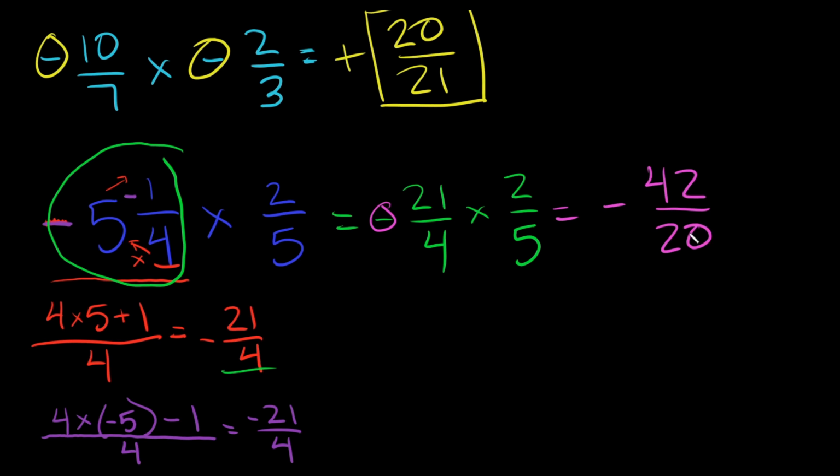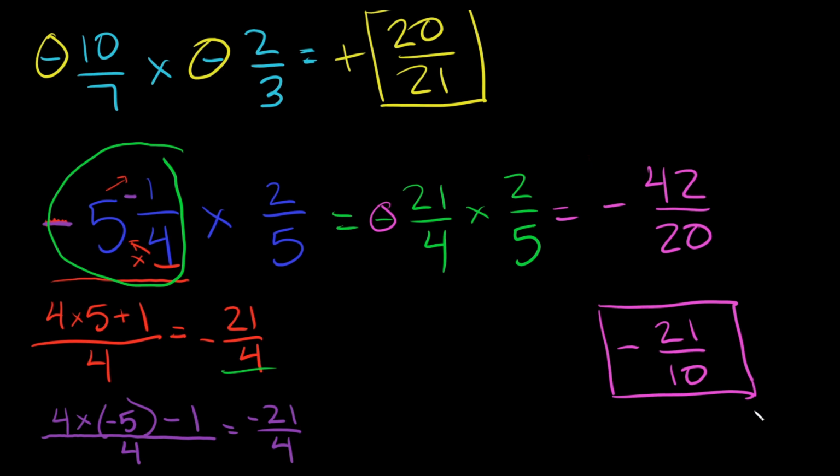That's 20. Can we reduce this? Yes, both numbers are divisible by 2, which is the same thing as just cutting it in half. Okay, so remember we have our negative sign. Half of 42 is 21, half of 20 is 10. And this is as reduced as possible. Okay, so negative 21/10.